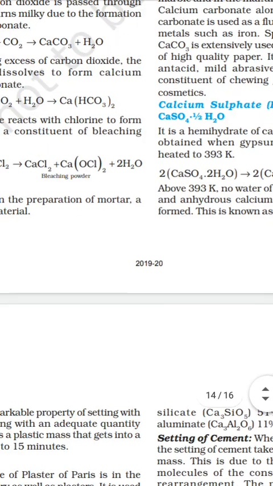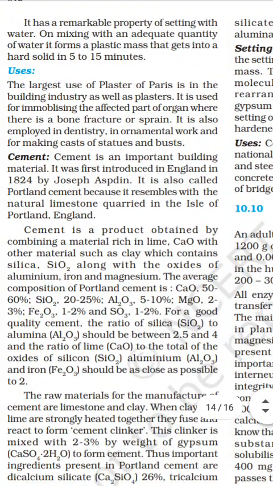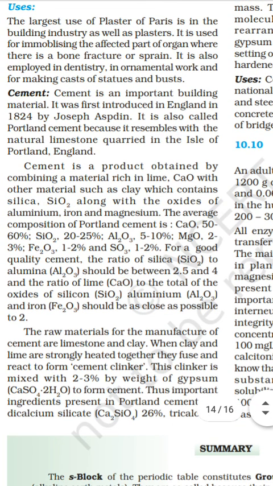It has the remarkable property of setting with water. On mixing with an adequate quantity of water, it forms a plastic mass that gets into a hard solid in 5 to 15 minutes. Uses: the largest use of plaster of Paris is in the building industry as well as plaster.